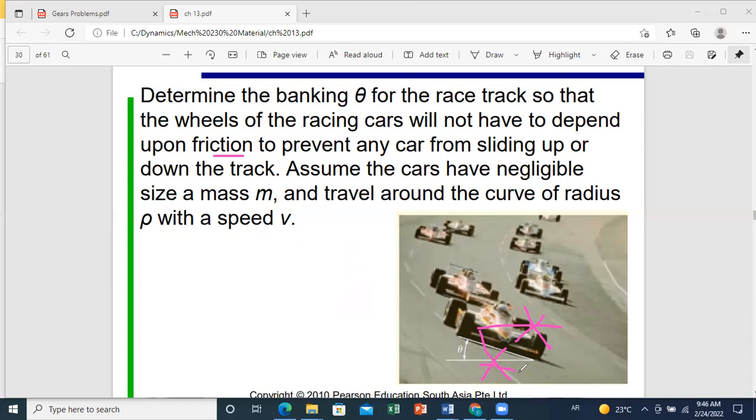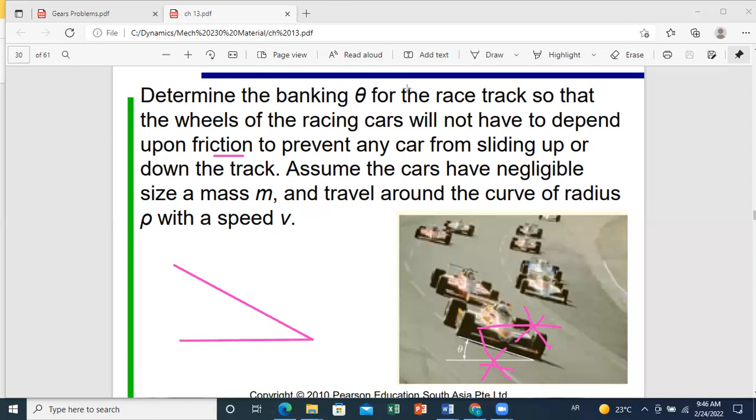Okay, let me represent UN and UT from two views. I will take first the profile view of the race. I have an inclined race, and this is my car.